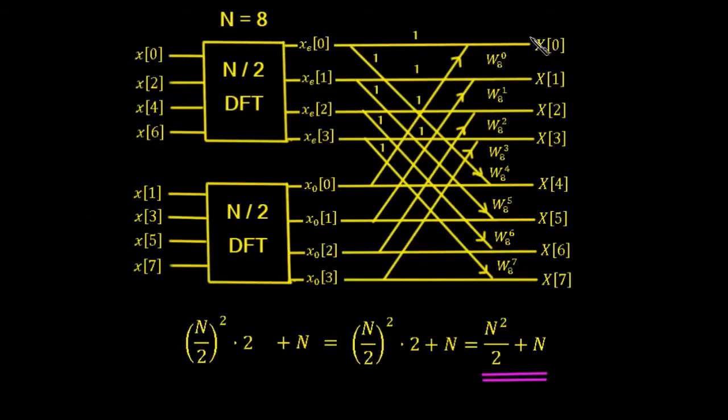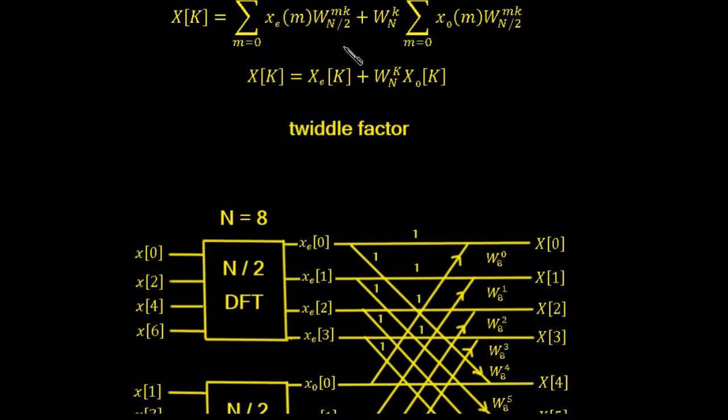So we can see that we get our x0 by adding the even part of 0 plus the odd part of 0. But the odd part of 0 also gets multiplied by that twiddle factor, which is a value of W0, which is just our equation we see above here. So we've got the even part, and then we've got the odd part multiplied by W to the 0, where the subscript N is 8.